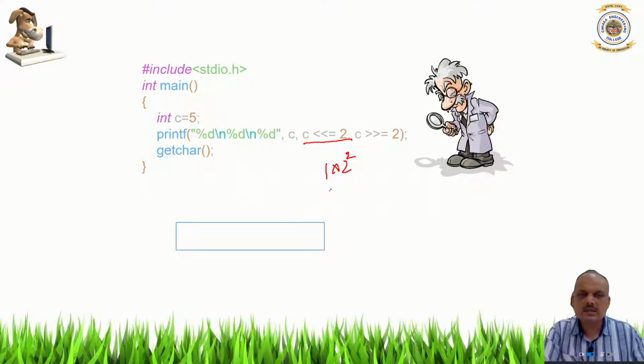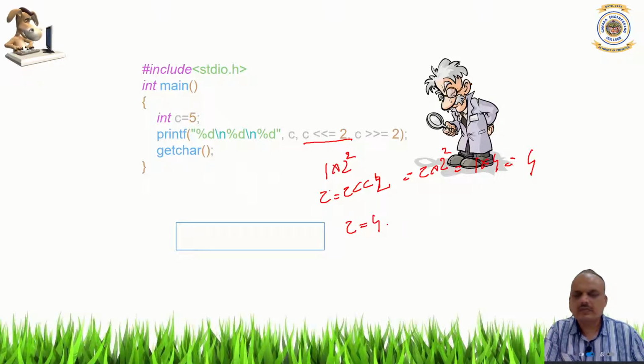So this results as c = c left shift by 2, which is equivalent to c multiplied by 2 raised to 2. So 1 into 4, the resultant value is 4. At the end of this, c gets the value 4.